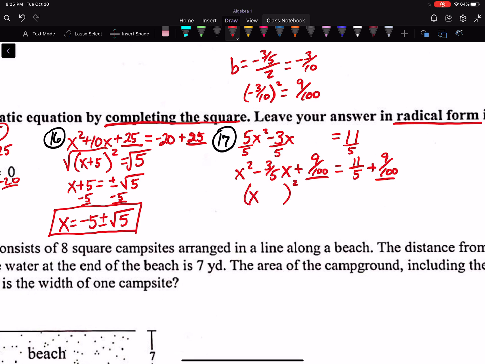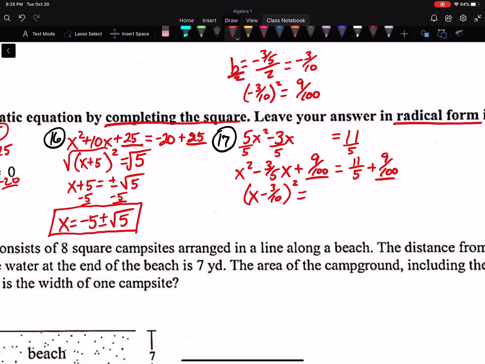It's going to be x, and remember, it's whatever we got when we divided the b by 2. So b divided by 2 was minus 3 over 10 equals, the right side I just stick in my calculator, so 11 fifths plus 9 hundredths.